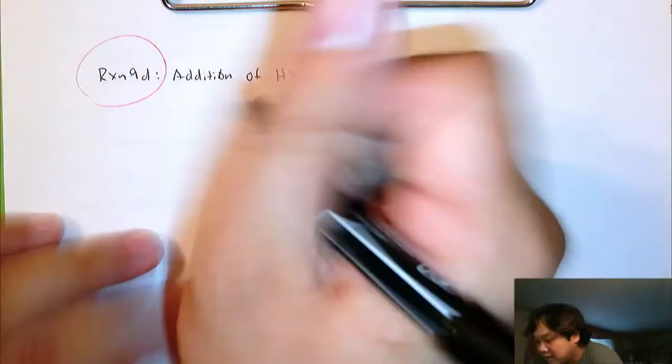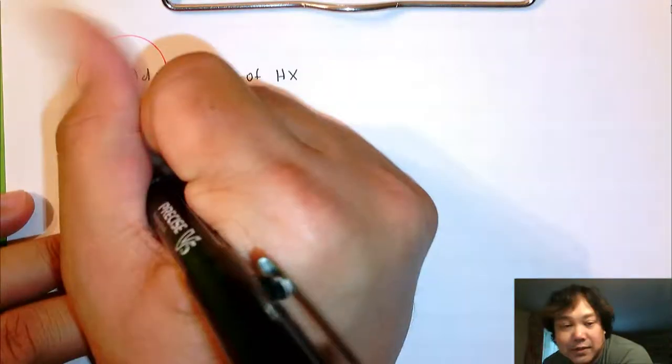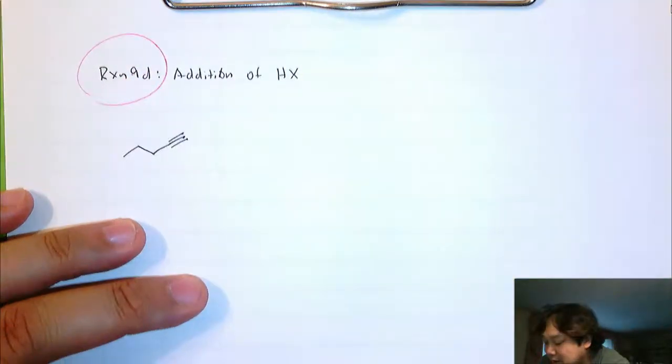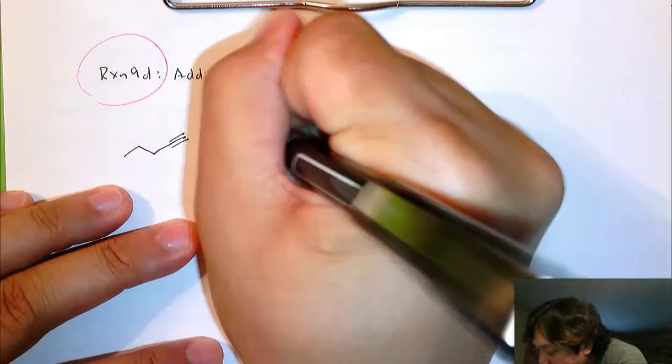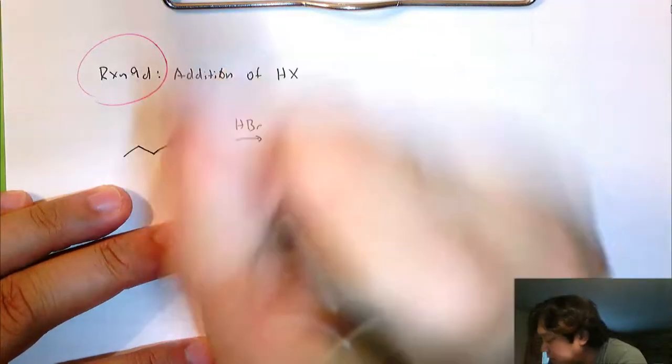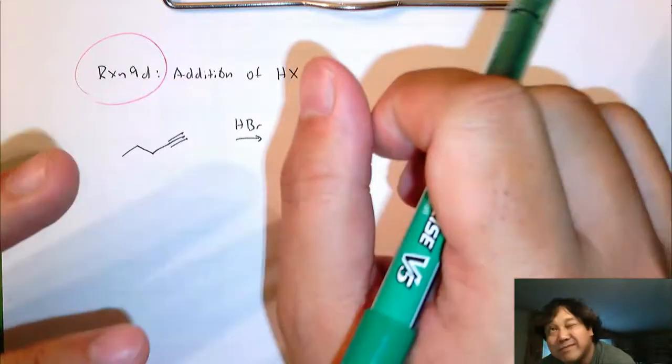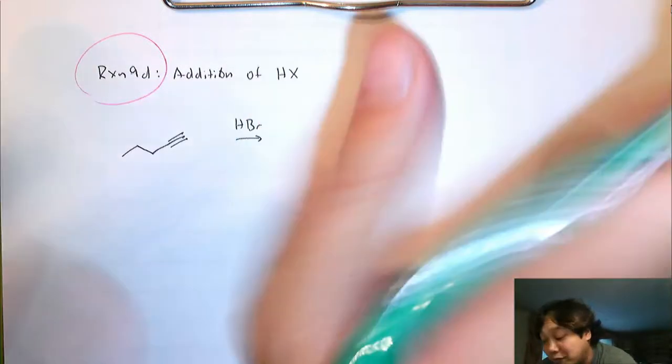Let's use a terminal alkyne, the same one that we did use last time. And again, we'll pick a specific molecule, HBr. No light, no heat, no peroxides, right?